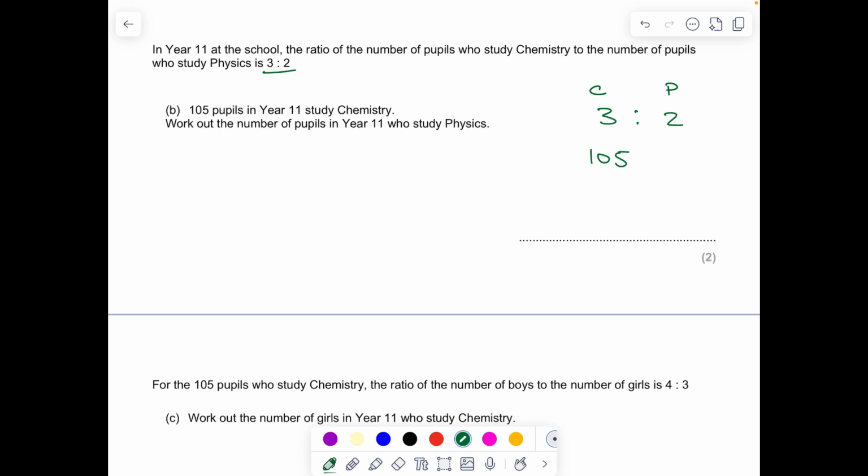So then in order to find out what I multiplied 3 by to get 105, I'll do 105 divided by 3, which gives me that I must have multiplied by 35. Again, whatever I do to that side, I should do to this side as well. So times by 35, which gives me 70. So 70 students studied physics.